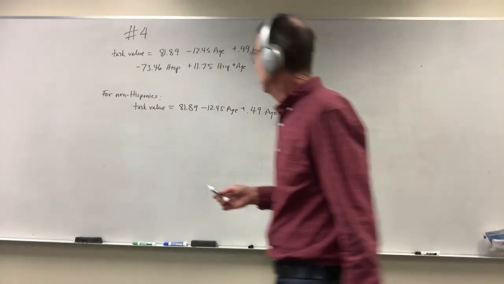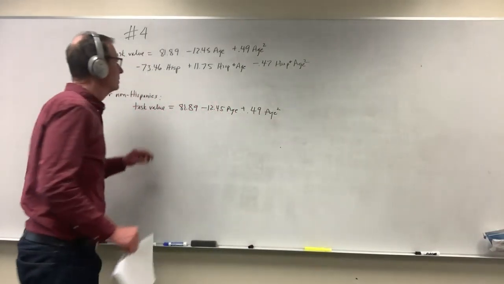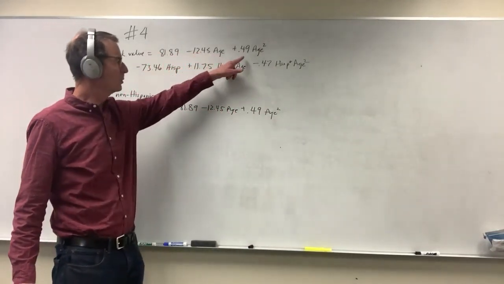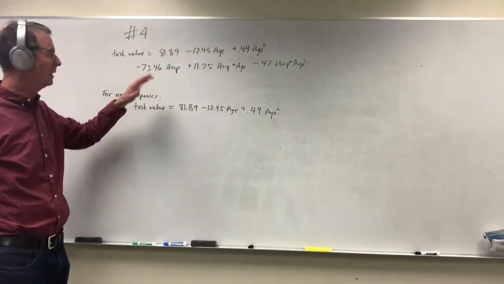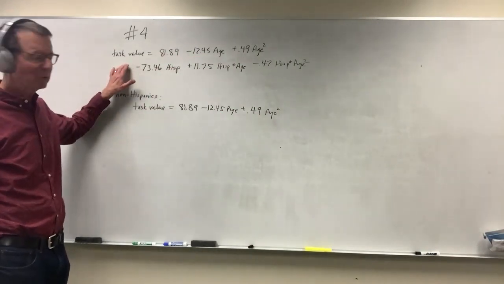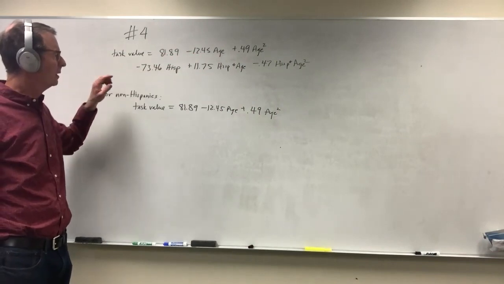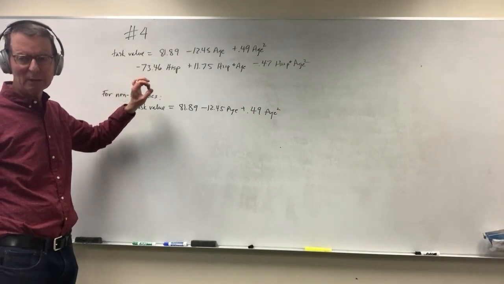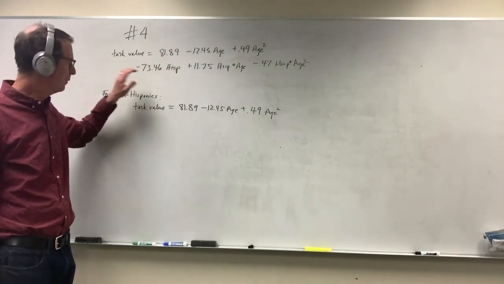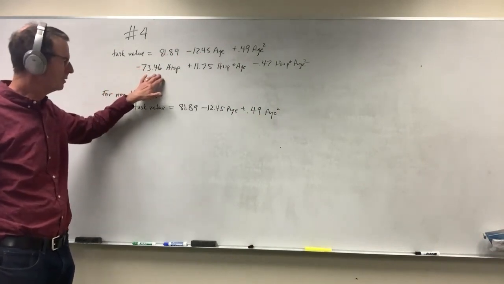So you start out with the basic model, constant, age and age squared. You want to know what the relationship is between age and task value across middle school in this data set. And you want to allow for the fact that that relationship may differ. This allows for a difference in the constant.